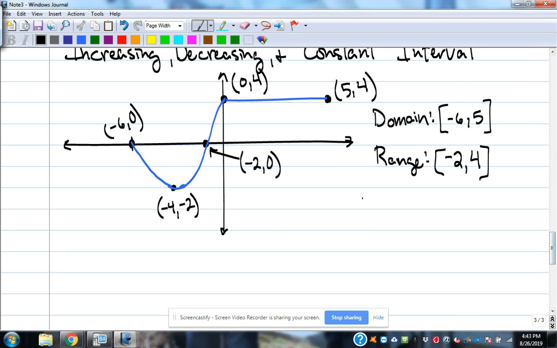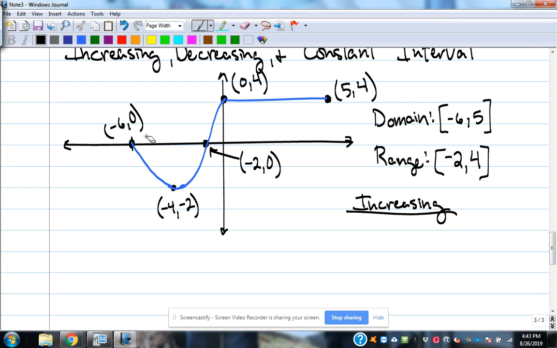Okay, so increasing. Let's find the increasing one first. Where is this graph increasing from? As you read it left to right, what does it mean to increase? Go what direction? Up, right? So when I start here and I'm reading it, what's it doing as I go this direction?